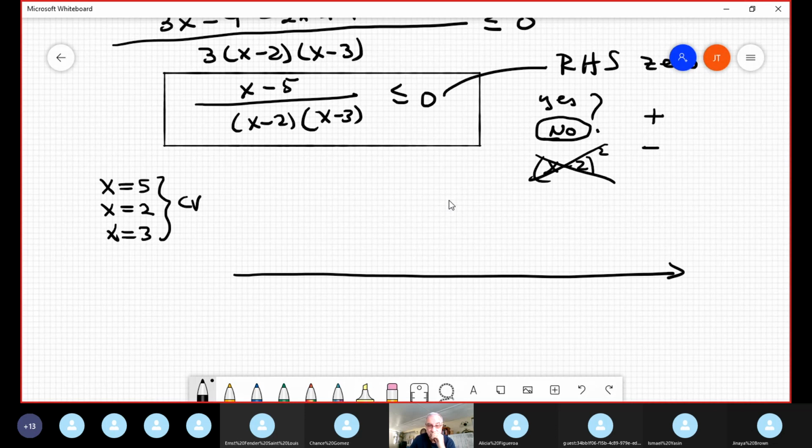I do the graphic part. The graphic part is important, guys. 2, 3, 5. Suppose 0, 1, 2, 3, 4, and 5. Partition. Now selection, 3 critical values, 4 testing points. Suppose 1.